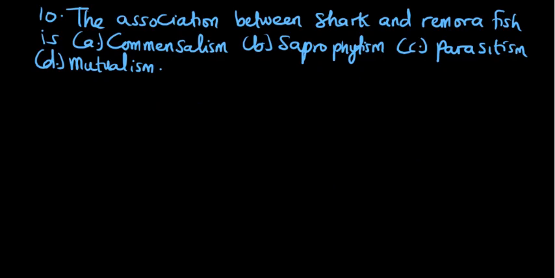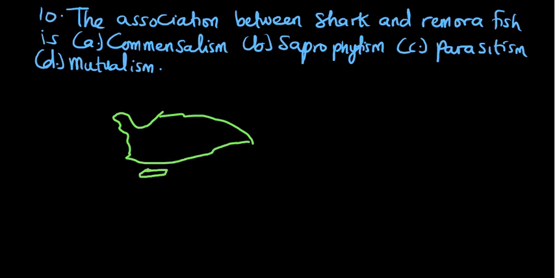What normally happens with shark and remora is that remora is a small fish. It will be moving closer to the shark. When the shark eats some fish, the remora also will eat part of the particles remaining from those fish. So assuming this is the shark, the remora will just be going like this.